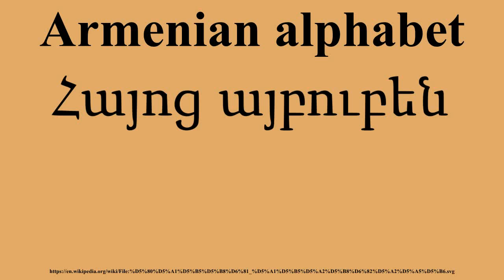Various scripts have been credited with being the prototype for the Armenian alphabet. Pahlavi was the priestly script in Armenia before the introduction of Christianity, and Syriac, along with Greek, was one of the alphabets of Christian scripture. Armenian shows some similarities to both.